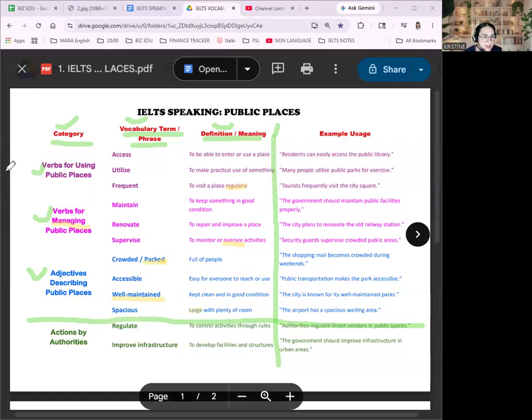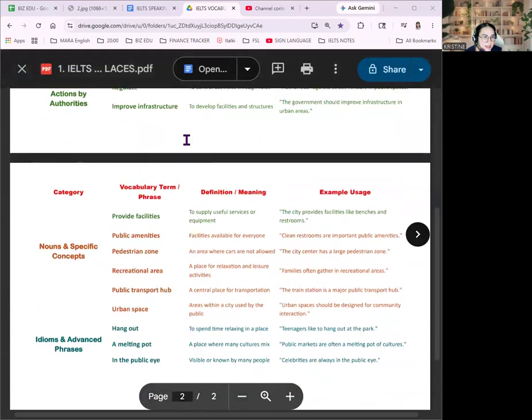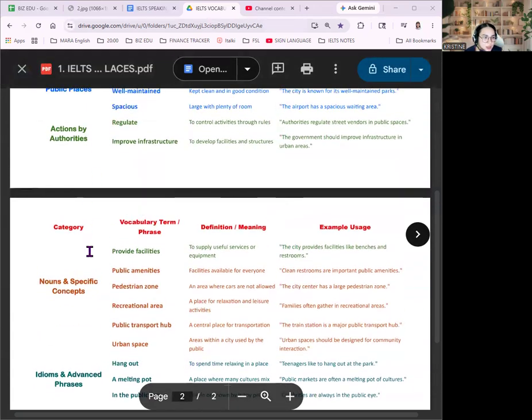Okay, let's move on to the next set. Peter, please read the rest. You start with actions by authorities. Go. Regulate, improve infrastructure: to control activities through rules, to develop facilities and structures.